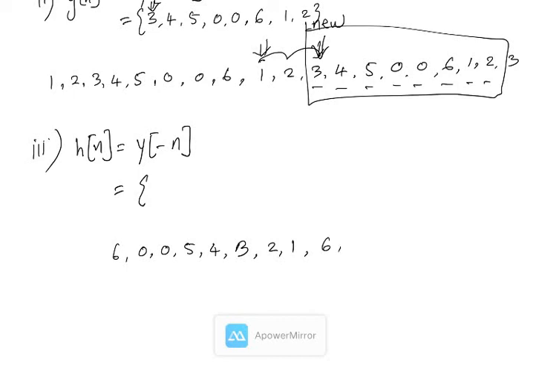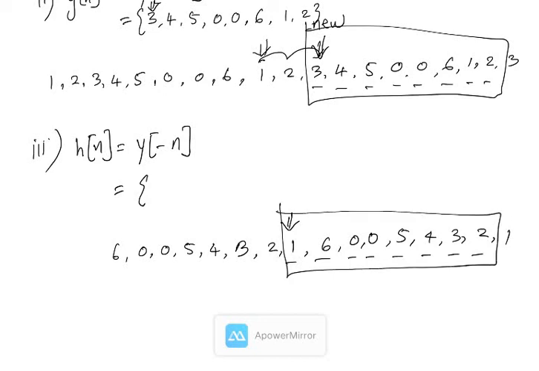This is my origin initially, and I have to count 8 samples: 1, 2, 3, 4, 5, 6, 7, 8. So this is my answer: 1, 6, 0, 0, 5, 4, 3, 2. So remember, for periodic signals, always start with the origin at n equals 0.